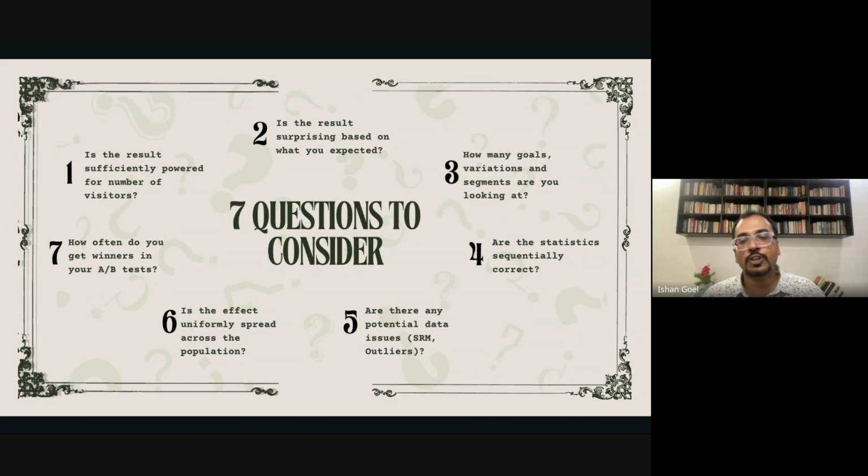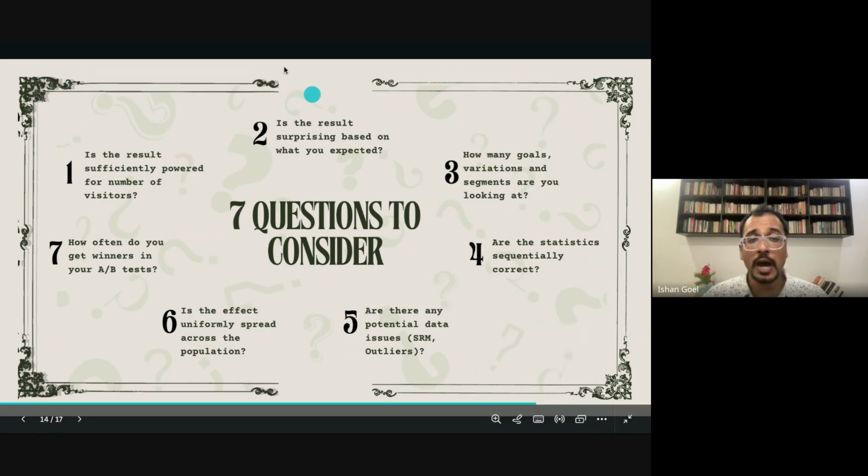The fifth thing you should ask yourself is, are there any potential data issues? Two checks that are commonly done: first, a sample ratio mismatch test. A sample ratio mismatch test is sort of like a thermometer for a lot of data issues. You can run an SRM and basically debug whether there is a data issue.